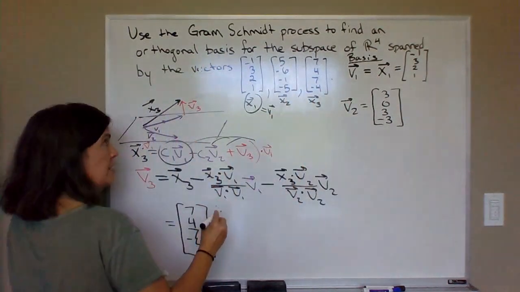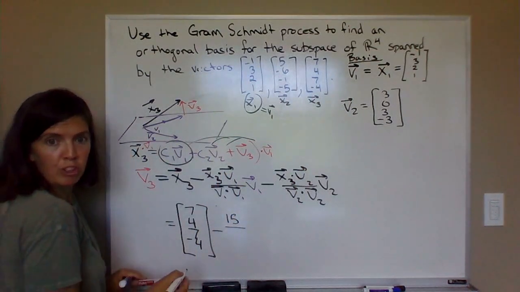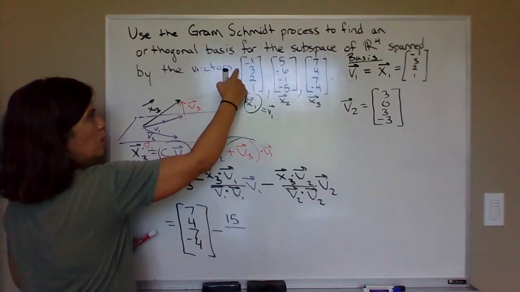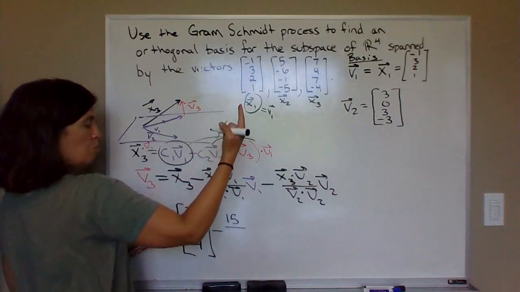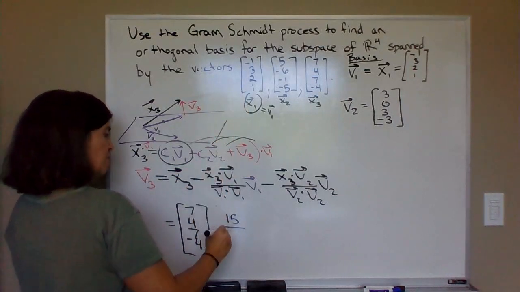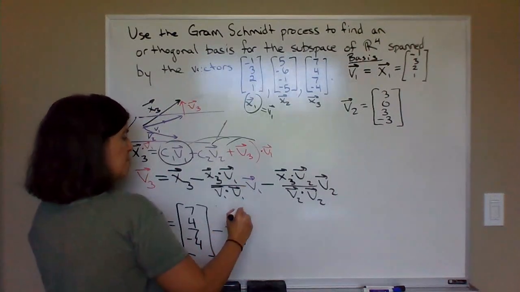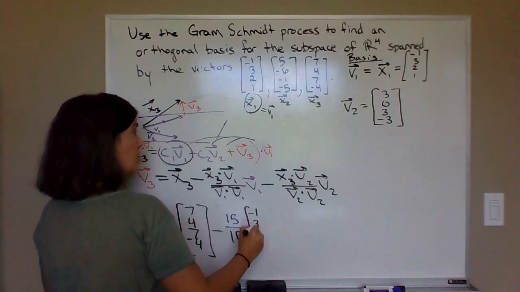So now we're at 15. Positive 15, I believe. We'll be able to check our answer in just a second. Over V1 dot V1. So that was 1 plus 9, so that's 10, plus 4 plus 1, so that's 10 plus 5, so 15 here, times vector 1, which is this.